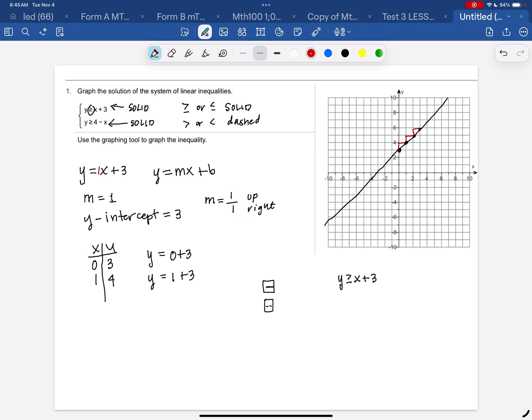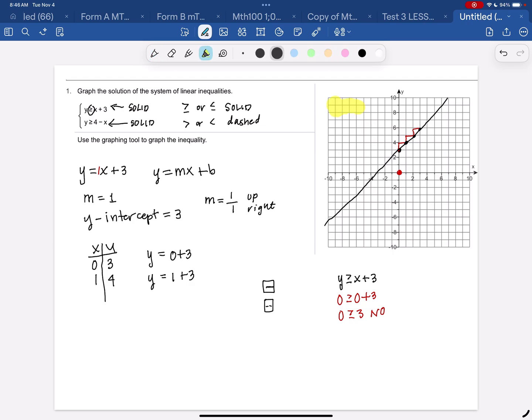Since it doesn't go through 0, 0, that's an easy one to do the arithmetic. So for y, I'll put a 0, and for x, I'll put a 0, and then I'm going to evaluate to see if this is true. Is 0 greater than or equal to 3? Well, that's a no. So instead of shading where the test point is, I shade the opposite side.